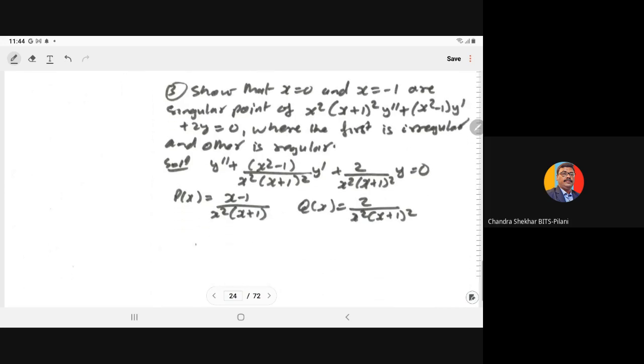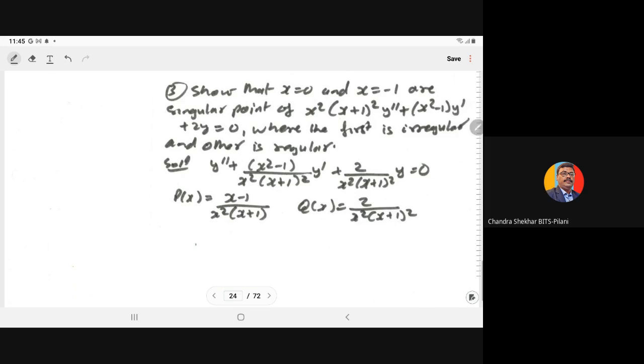Let us have this question, in which we have the irregularity also. Show that x is equal to 0 and x is equal to minus 1 are singular points of x square (x plus 1) whole square y double dash plus (x square minus 1) y dash plus 2y is equal to 0, where the first is irregular and the other is regular. Means x is equal to 0 is an irregular singular point and x is equal to minus 1 is a regular singular point.